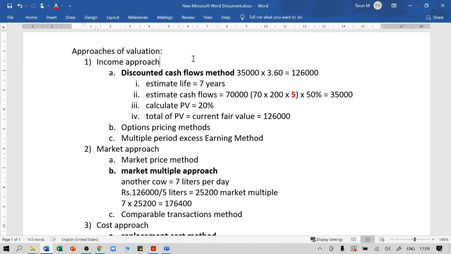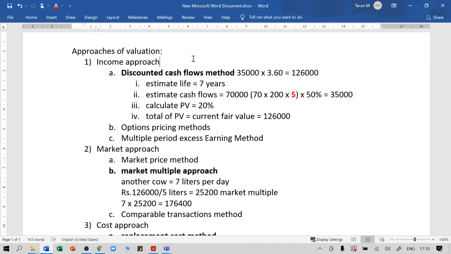There is one organization named IVSC, International Valuation Standards Council. It has issued IVS, International Valuation Standards. Similarly, there is an organization named RICS, Royal Institution of Chartered Surveyors. They have also issued valuation standards in the Red Book. Similarly, in India we have valuation standards issued by the Institute of Chartered Accountants of India. ICAI valuation standards are there.